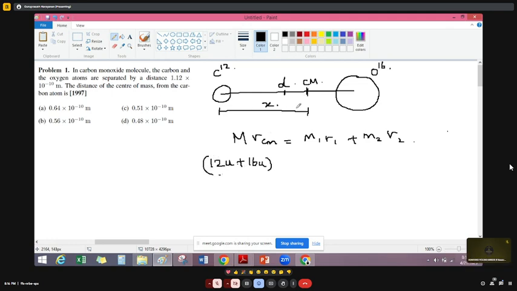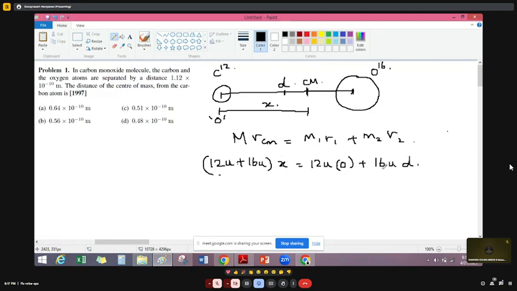RCM is this distance x from the carbon atom. m1 is 12u, carbon atom. r1, I'm going to take this as my origin, so everything should be referred from this point. So this is going to be 0. m2 is 16u, atomic mass unit, not kg. r2 is this location, d, from here to here.